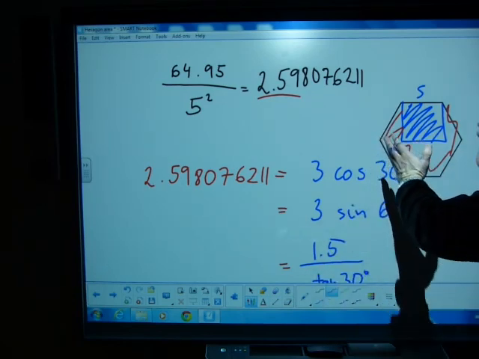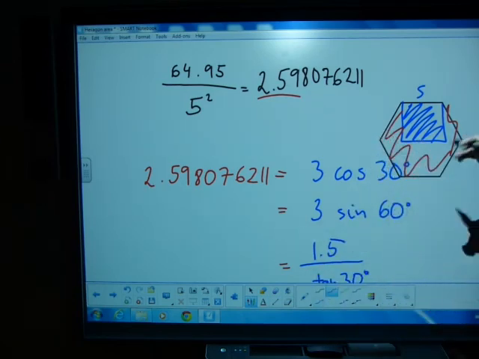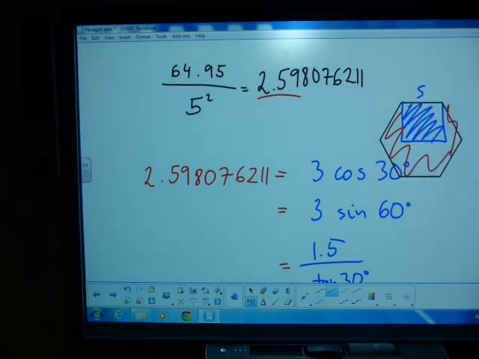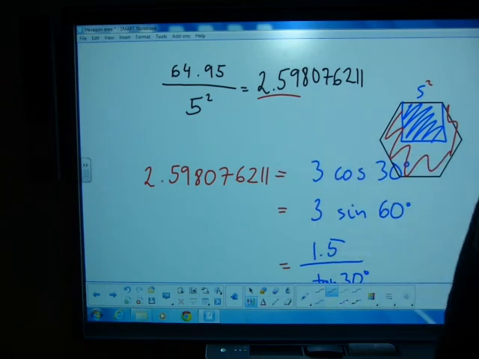The full area of the hexagon is 2.59 times bigger than the square of the side, if you square the side length. Okay? That's the meaning of the 2.59, and that's where it comes from. Fairly straightforward. A little bit tricky though.